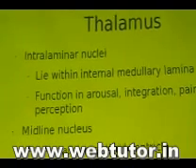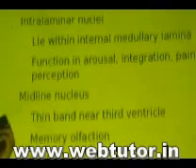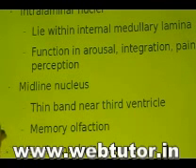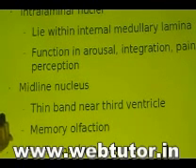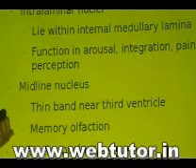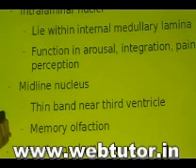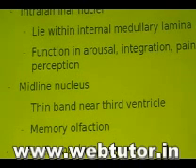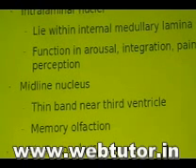Alright? Then there is your midline nucleus. It's a thin band near your third ventricle. It is mainly related to memory and olfaction. What is memory olfaction? Like the smells which you remember for a long time. The typical smell of the dish which your mom makes. Right? You can remember it even after 5, 10, 15 years. It's because of this part of your brain, the midline nucleus.